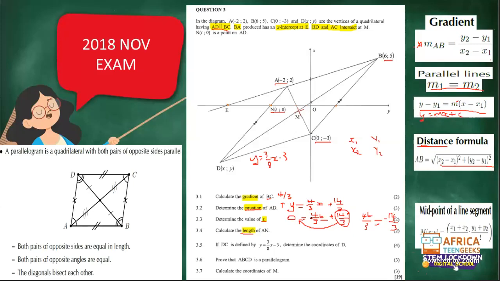Okay, so you're given the equation of the line DC.